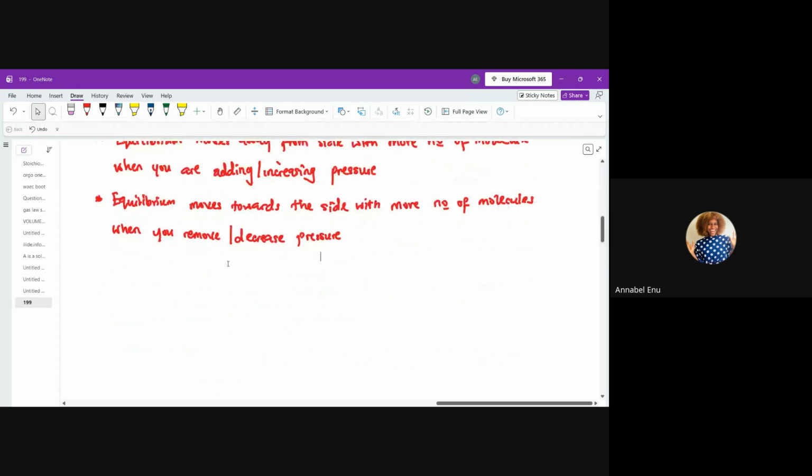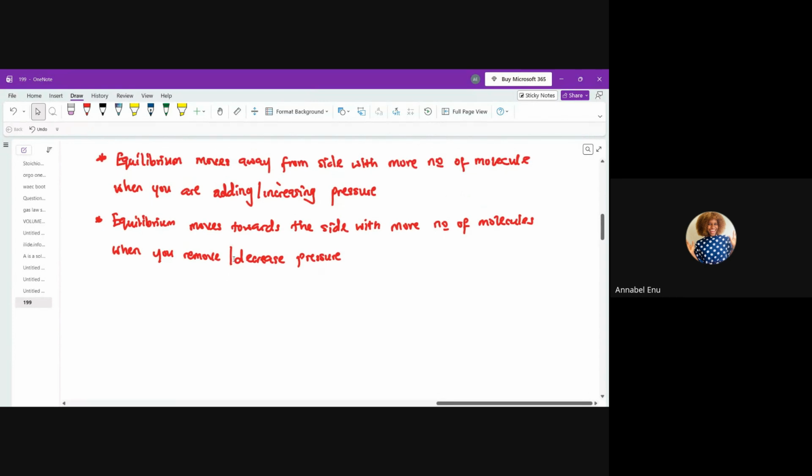So the number of molecules tells us the side with more pressure, and equilibrium will move away from that side with more number of molecules if you are adding more pressure. But when you're removing pressure, equilibrium will move towards the side with more number of molecules. Okay.